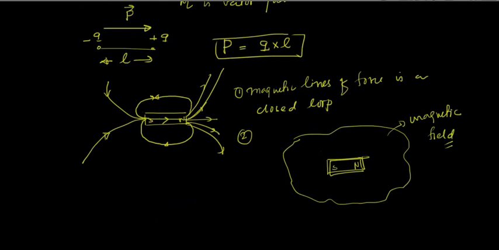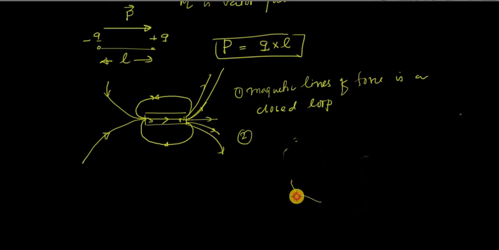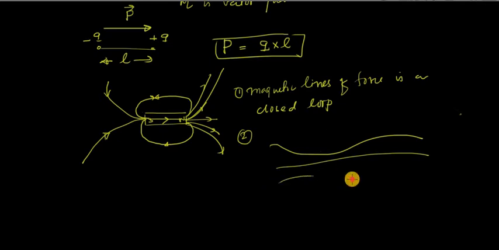So we consider that this region is a region where a magnetic field exists. That means this region is represented by the magnetic lines of force.